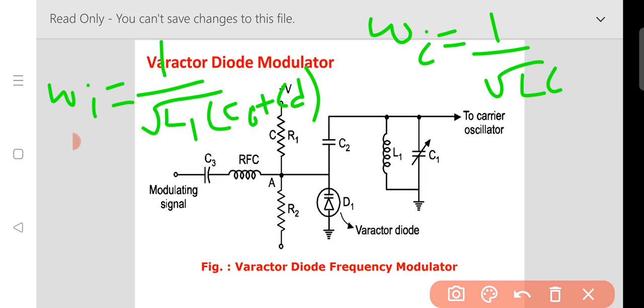Now substitute the previous values in this.